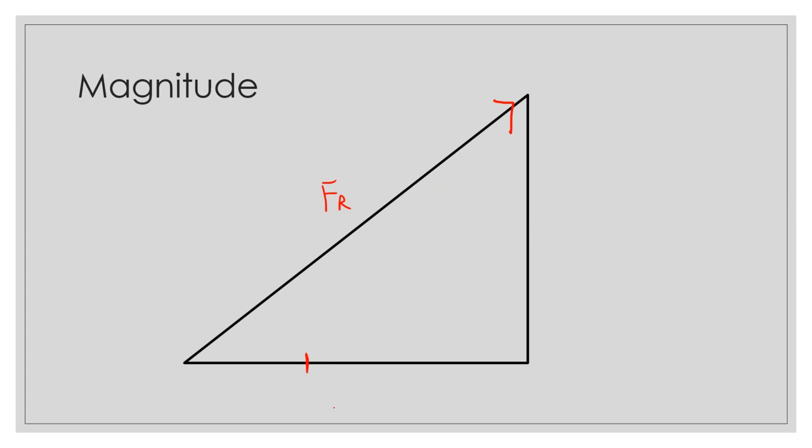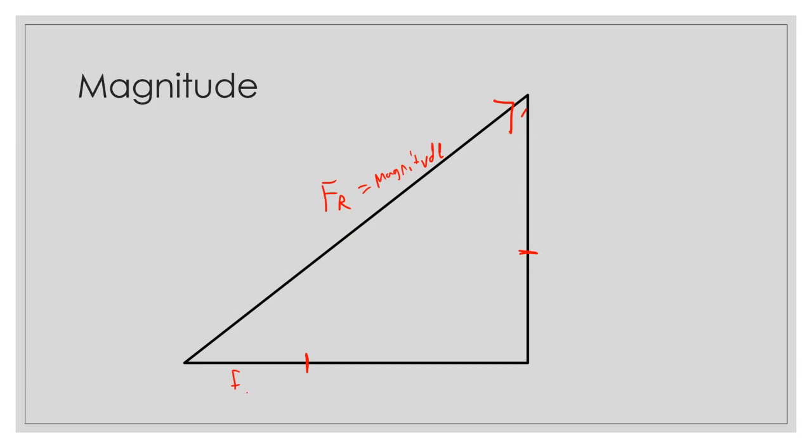So let's say you have two forces that are dealing with each other, and we break them up. Now, FR is equal to magnitude. The resultant force and magnitude are basically the same thing.